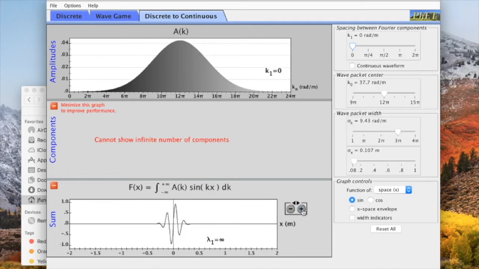So to reiterate, a wave that has a well-defined wavelength or wave number is what we showed was a wave function for a free particle with a definite momentum.